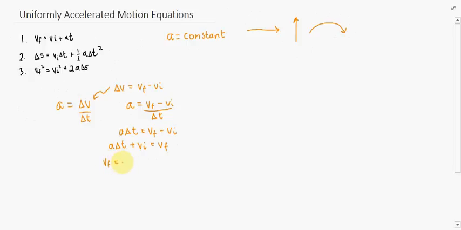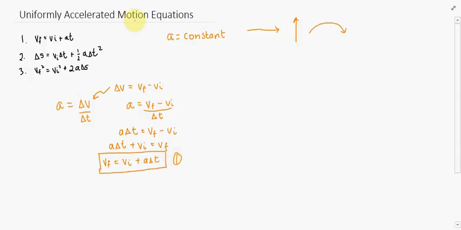Final velocity is equal to initial velocity plus the acceleration times change in time. There we go. First one, straightforward. That's the first equation of uniformly accelerated motion, right? So in this case, remember that acceleration is thought of as being constant. Okay, so we'll label this one as equation number 1.